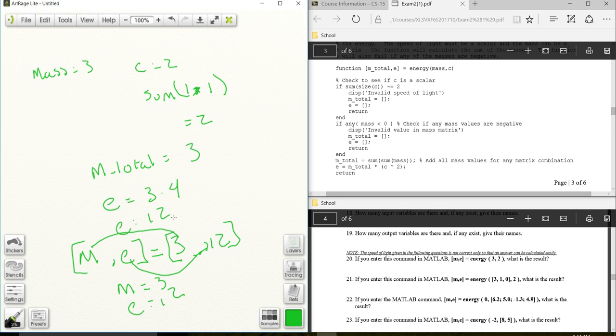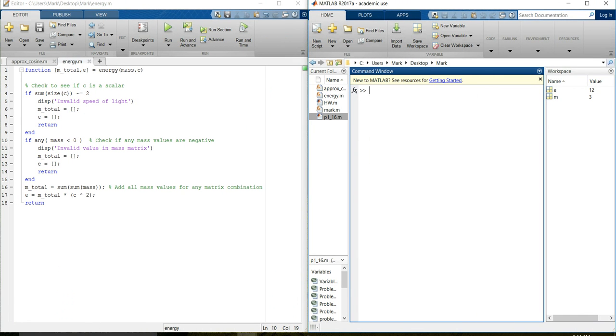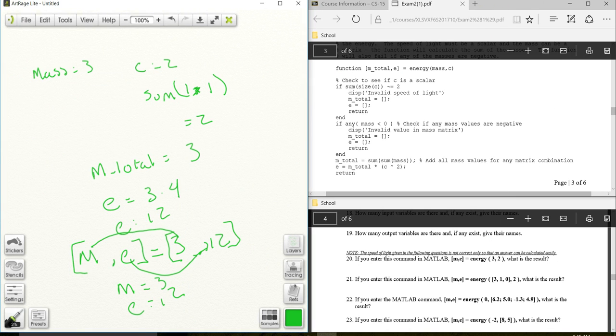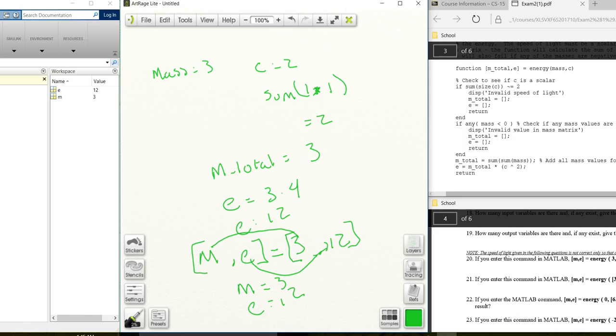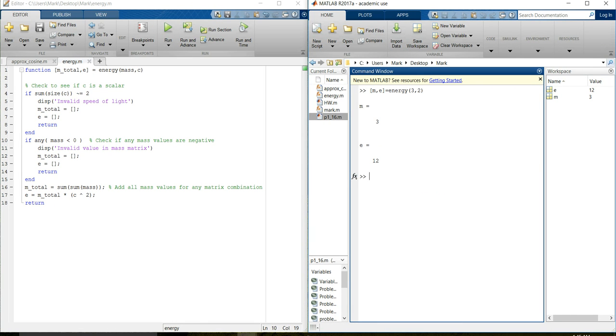And so we come over here, and we say M comma E is equal to energy of 3 comma 2, I think. M is equal to 3, E is equal to 12.